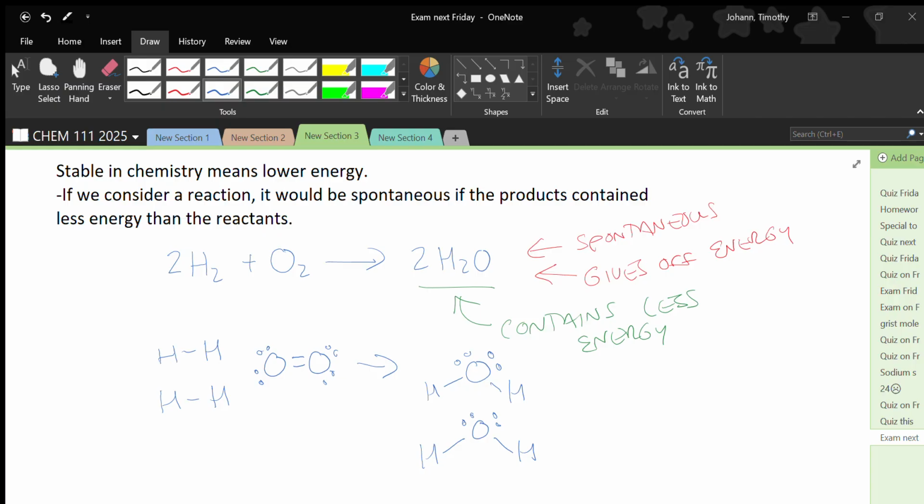So I'm going to do products minus reactants. And in chemistry, it will almost always be products minus reactants, unless it's products divided by reactants. Occasionally there are exceptions. But if you don't remember, and you can tell from the context of the problem whether it's products divided by reactants or products minus reactants, it's one of those two.